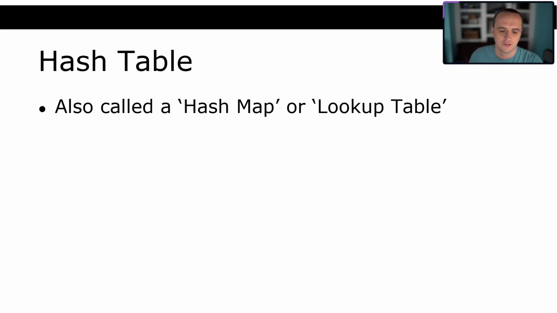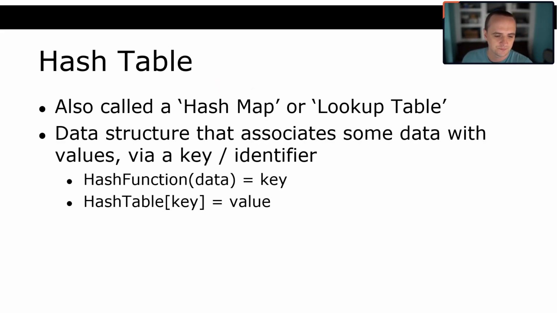So hash tables, also called hash maps or lookup tables. Hash tables are data structures that hold data, and they associate some data with a value via a key or an identifier, right? So you might have hash function of data equals key. This data might be a name like Sandra D. We turn that into a key, maybe an integer.